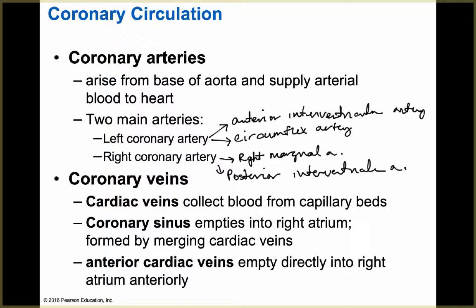This is essentially formed by the merging of all these veins, and there are three major veins collecting: the great cardiac vein, the middle cardiac vein, and the small cardiac vein.